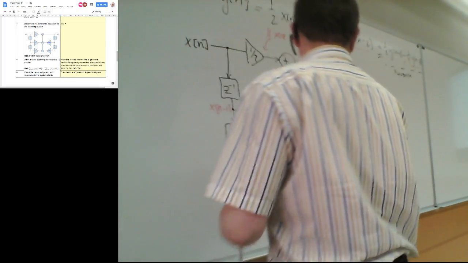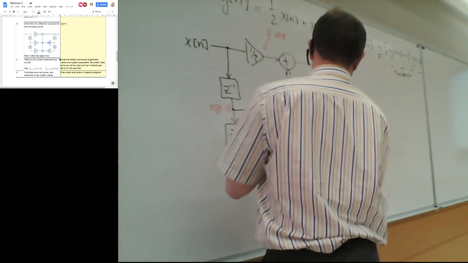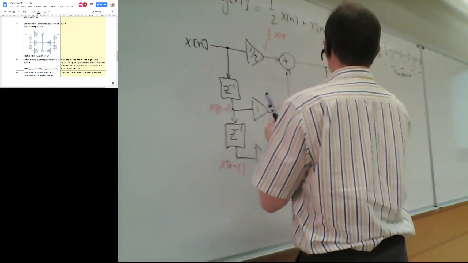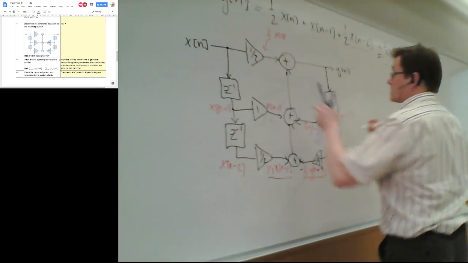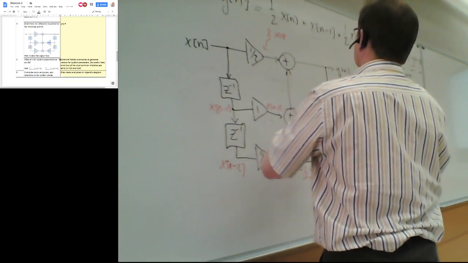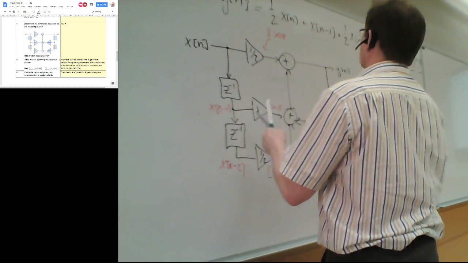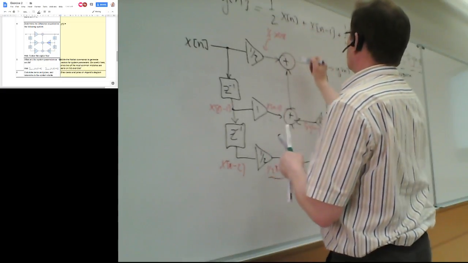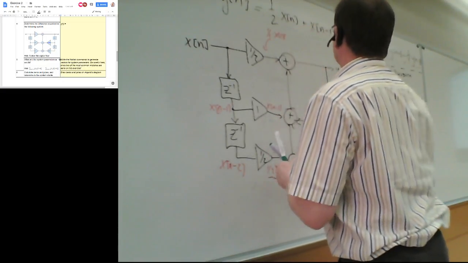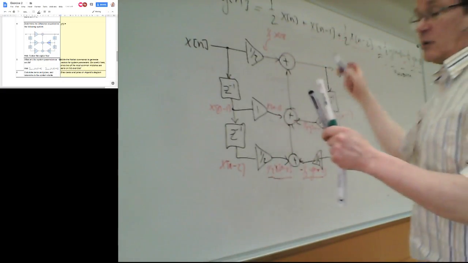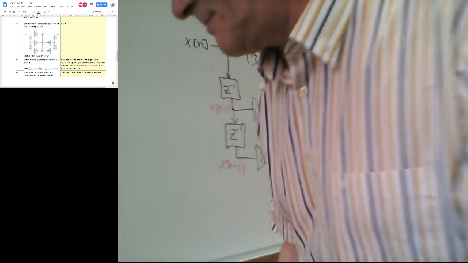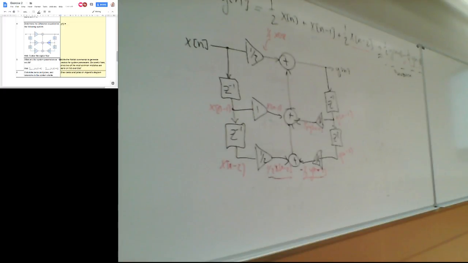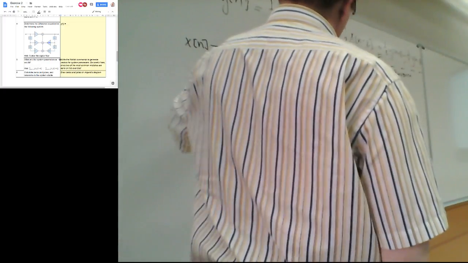And then you continue adding stuff, and at the end this and that would give you that, and you have the output. All right. Good. Simple way of finding the difference equation on this form.